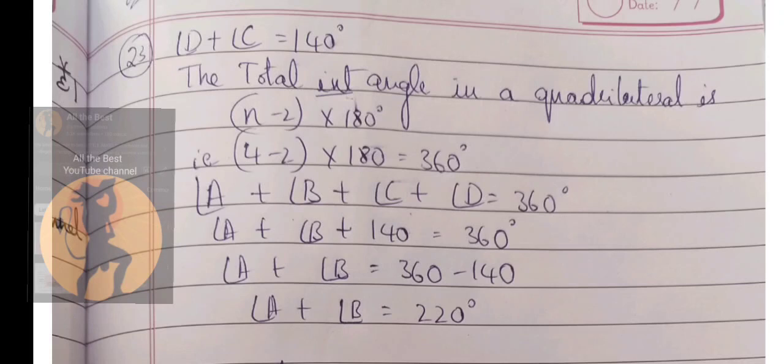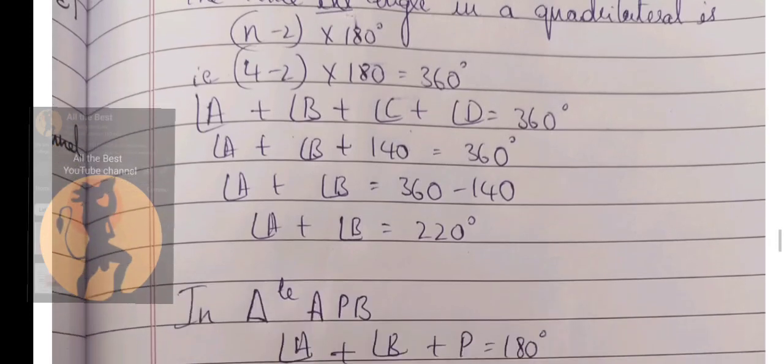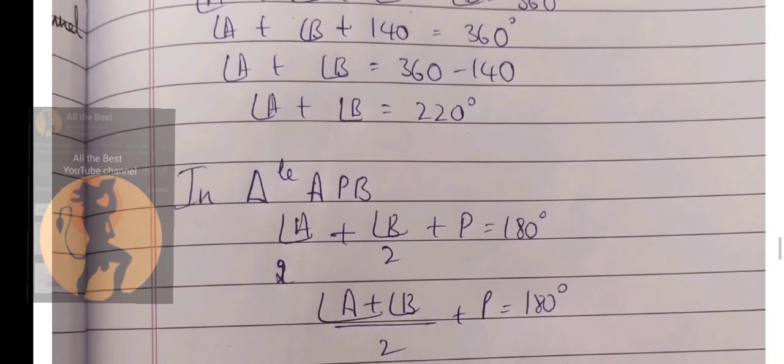So angle A plus angle B plus angle C plus angle D is equal to 360 degree. Knowing angle C plus angle D is 140, angle A plus angle B is equal to 360 minus 140, which is 220 degree.